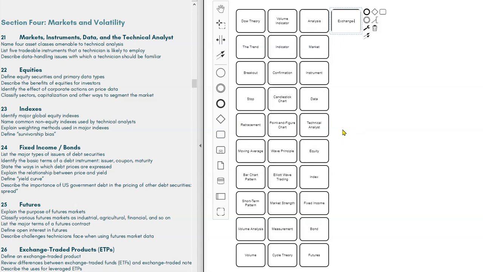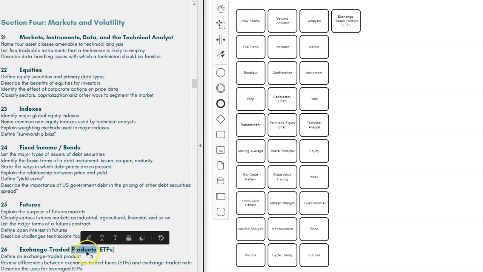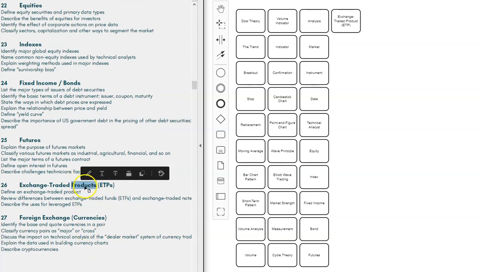Exchange traded products. So put that on a new line, ETP. There's different types of products. You'll see exchange traded funds, exchange traded lots of things. This word right here will change.